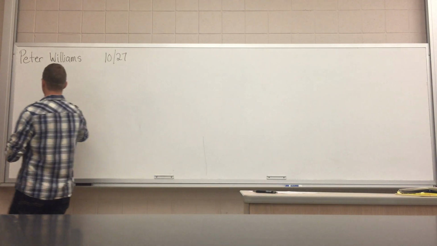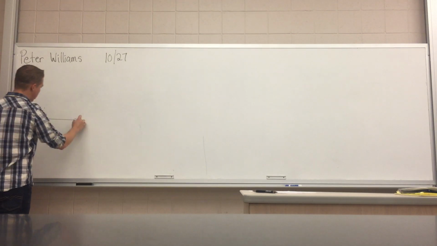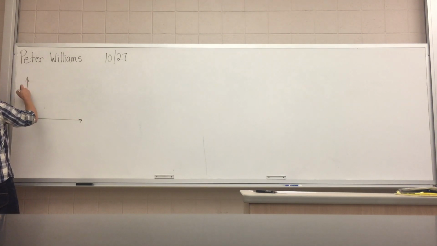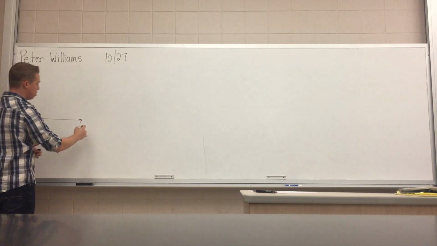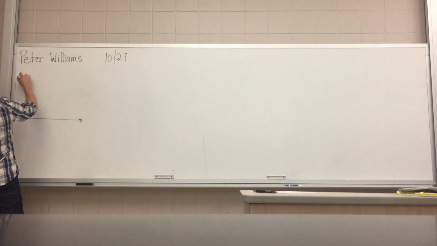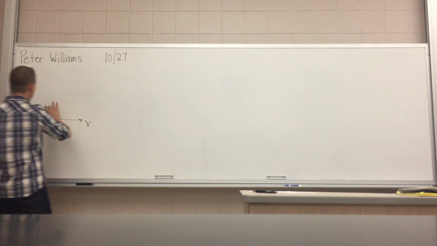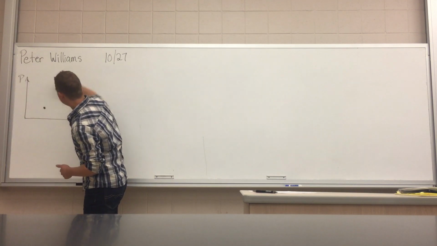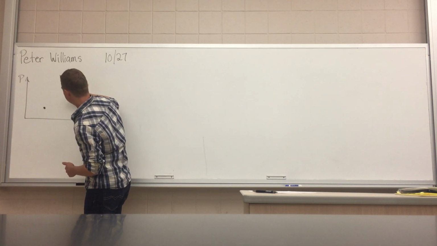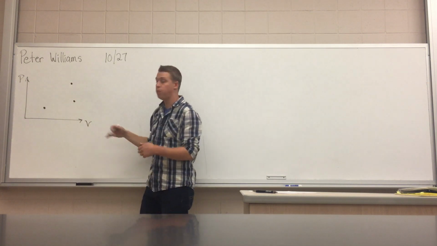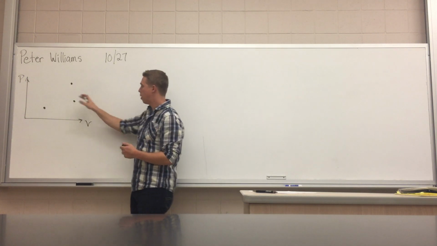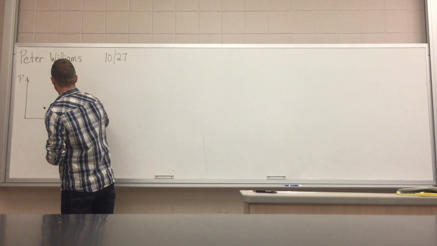We've discussed how we have phase diagrams in which we can plot different properties. So let's say, for example, we have pressure and specific volume. And on the phase diagram, we can plot different points. All right? And these points represent the state of a system.